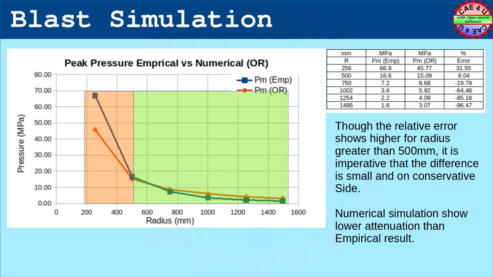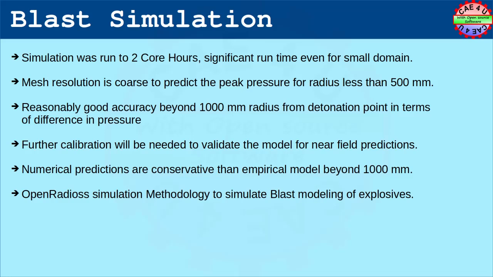It is also important to know about the computational resources for these kinds of simulations. This simulation ran for 2 core hours on a 16 GB RAM machine. This low computational overhead makes it efficient for conceptual studies. We observe that the results are very sensitive to the location, particularly near the explosive surface.